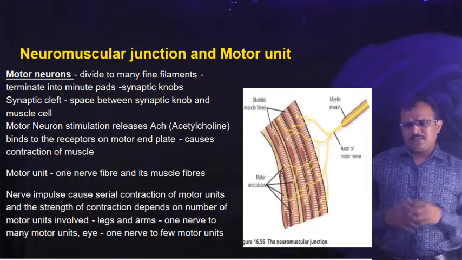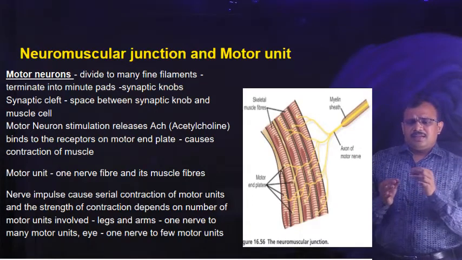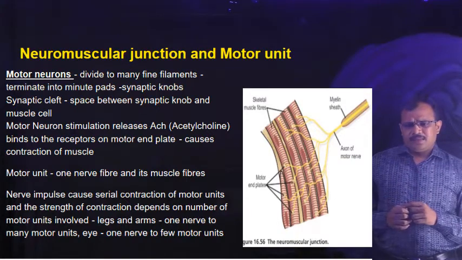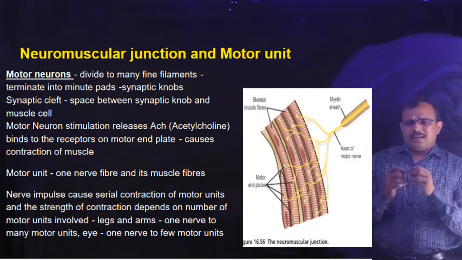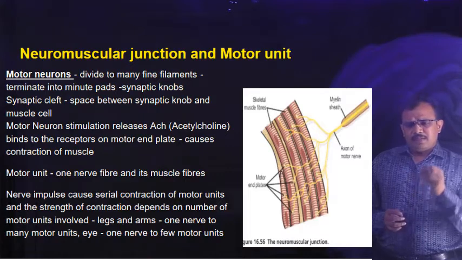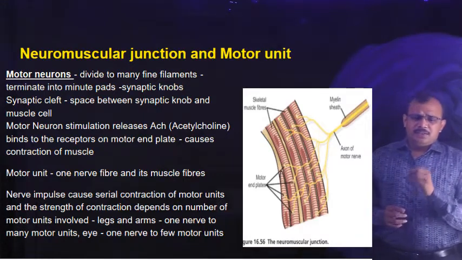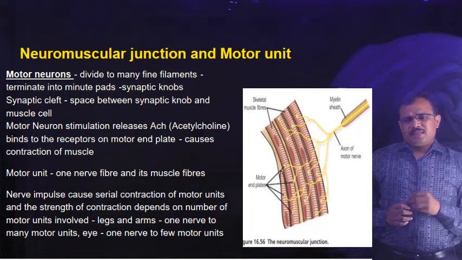These axonal terminals will reach the individual muscle cell. It means the axonal terminals will penetrate into the muscle and are individually distributed to each muscle cell.